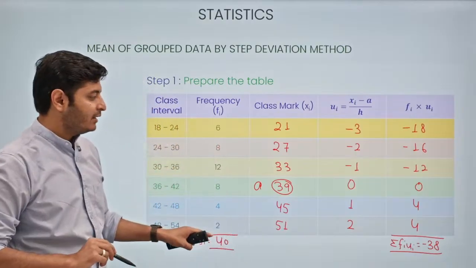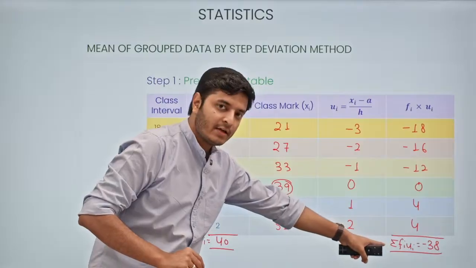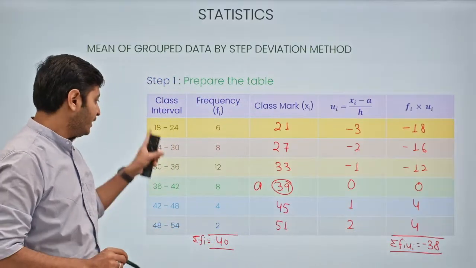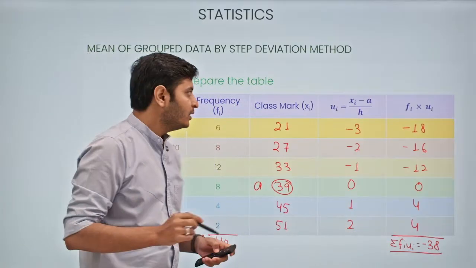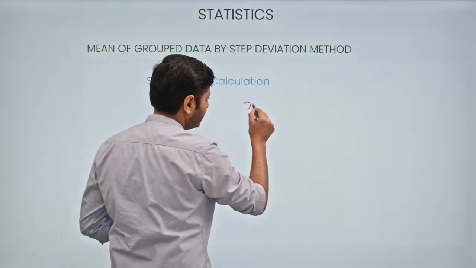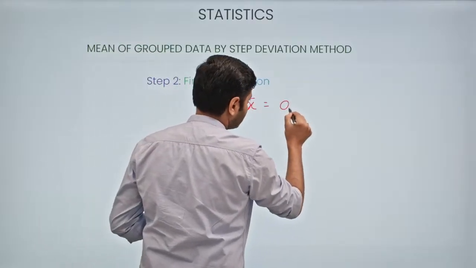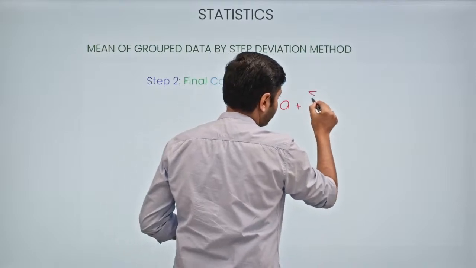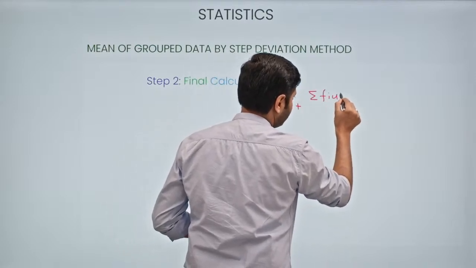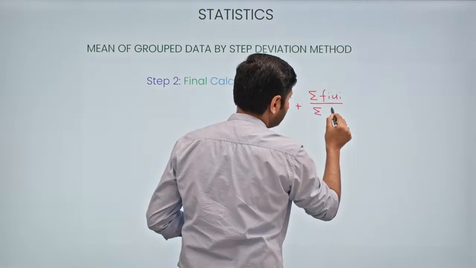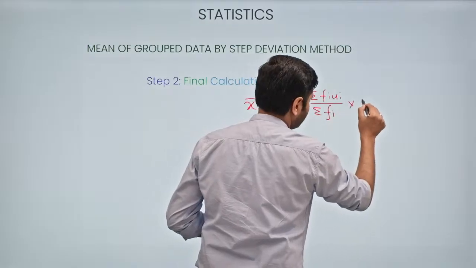So now we are having every value: A, summation Fi Ui, summation Fi, and what is the value of h? 6. So now let's write down our formula. A plus summation Fi Ui by summation Fi into h.